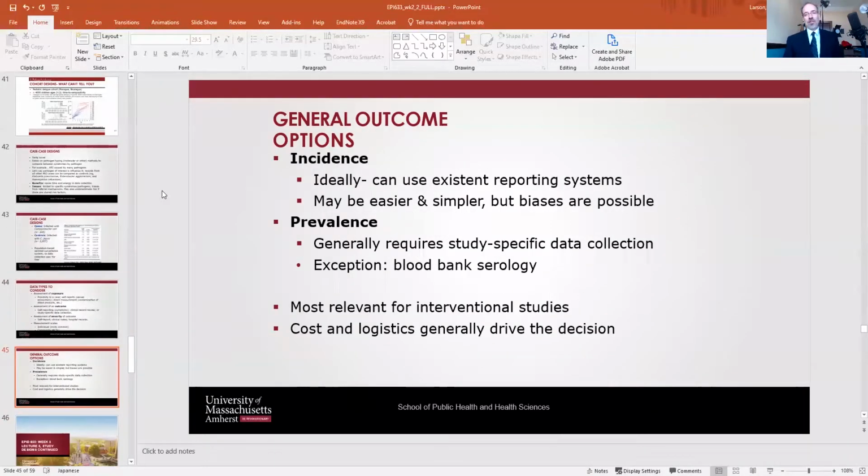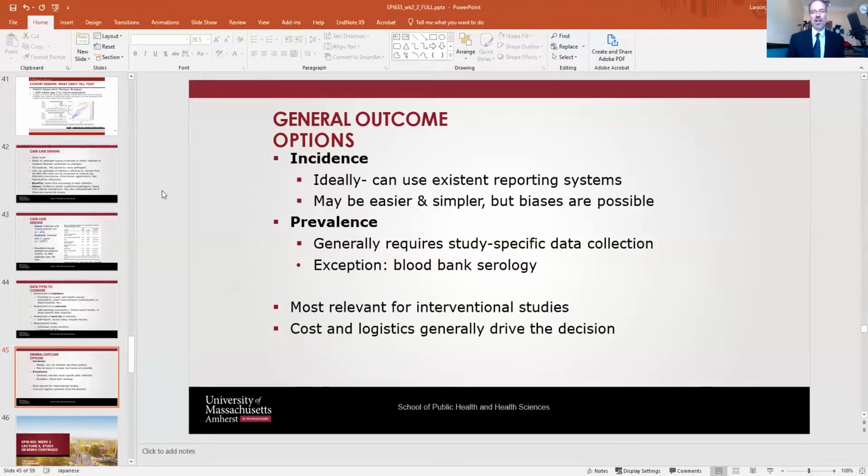General outcome options in your study can be things like incidence, which can use existing reporting systems, particularly for reportable diseases. Maybe easier and simpler, but biases are possible, especially where cases are not caught or reported. People with mild symptoms might not report. Prevalence generally requires study-specific data collection.